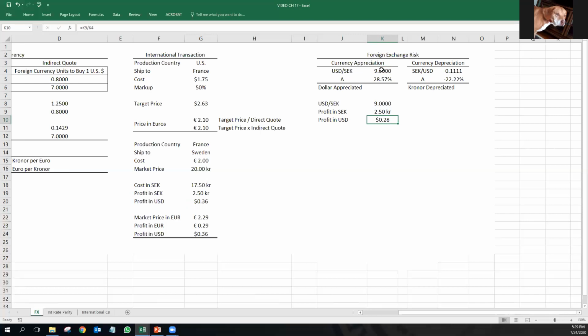Your profit is less valuable because while you're still making the same 250 kroner, when you convert it back to dollars, you get less dollars. So when the dollar appreciates, you may lose profits on international transactions, and vice versa. If the dollar goes down in value, you start making more money because you get more dollars.